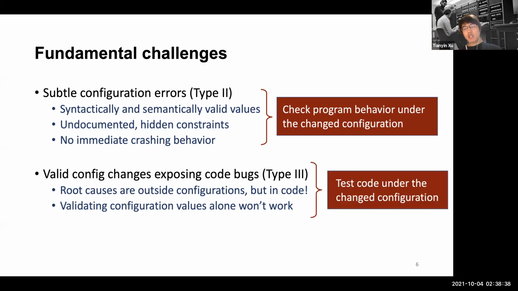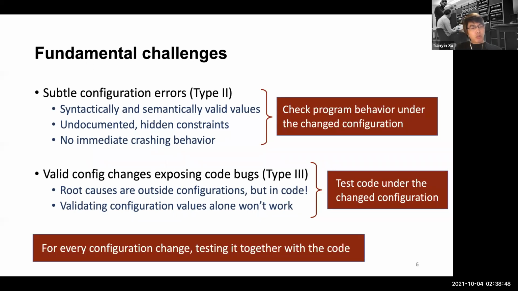And for type 3, what we need is a method to test the code under the changed configuration, the configuration you want to put in production. So essentially, what I'm looking for is a testing technique which, for every configuration change, can test the change together with the code under the program context, right?